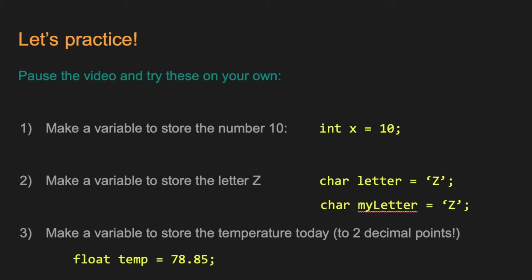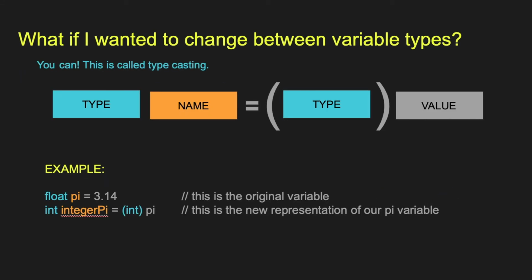Alright, and finally, we're going to do a little bit of typecasting, which just means changing between variable types. So there's another little recipe for this, where all you need to do is say the new type you want your variable to be, a new name, and then you say equals, parentheses, the same type you did earlier, and then the value.